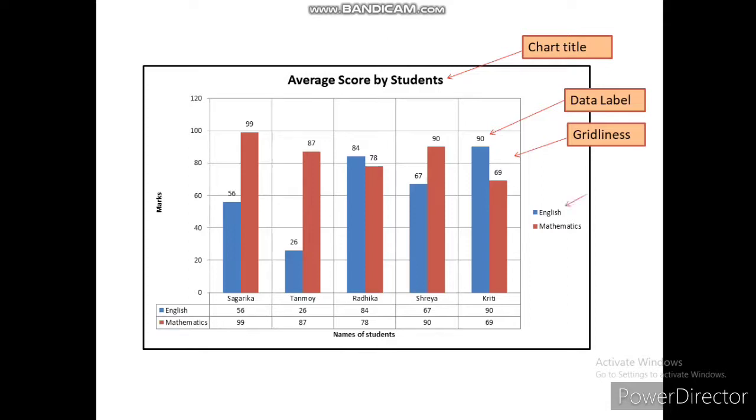Next, legend. The legend identifies each data series in a chart. Each data series is assigned a unique color or pattern to differentiate one data series from another. It is usually displayed on one of the sides of the chart.